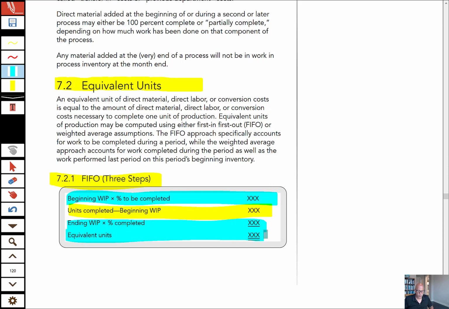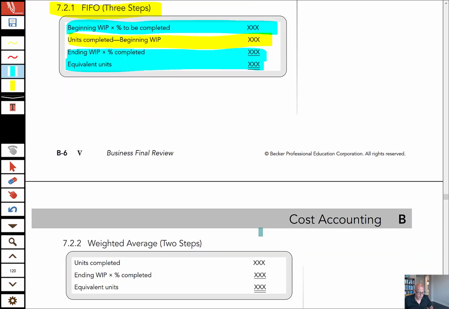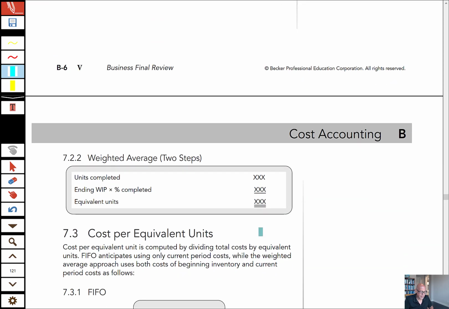Now, weighted average says, I don't care how much of the work you did on the beginning inventory this period. We're going to assume you did all that work this period. So whatever you completed this period, we just assume you completed this period, even though you actually maybe started it last period.